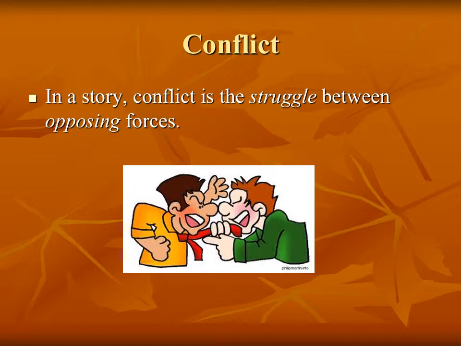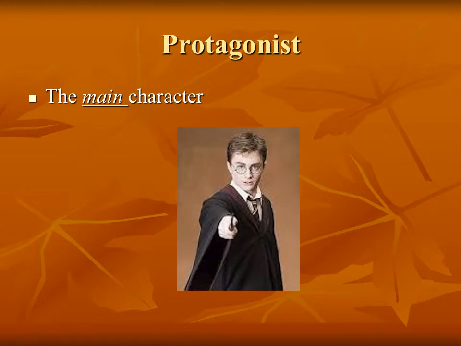It could be the fight between the main character and his enemy, Luke Skywalker versus Darth Vader, Harry Potter versus Voldemort, the humans versus the dinosaurs in Jurassic Park. Any form of clash or push in opposite directions of two or more forces is classified as conflict.